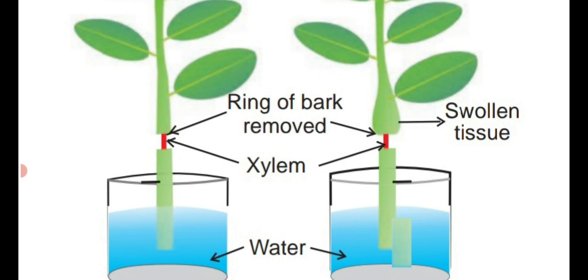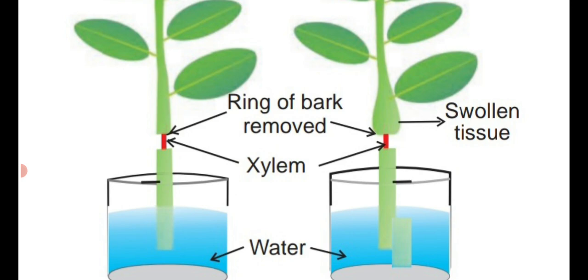After that, the root region of the plant will die, because there is no transportation of food material to the root region. At the same time, roots are unable to prepare their own food material because they lack chlorophyll pigment.